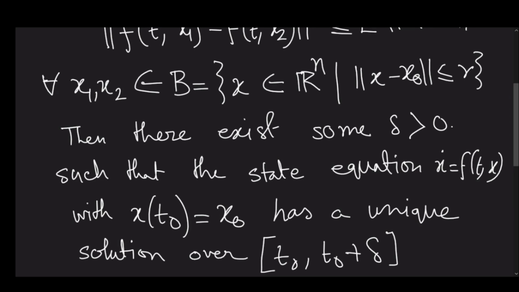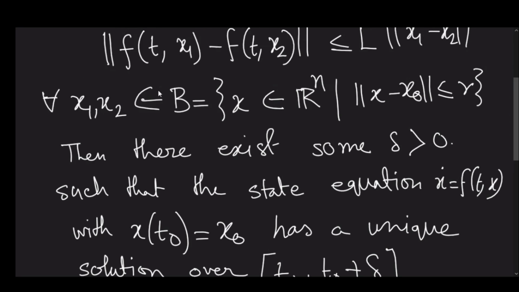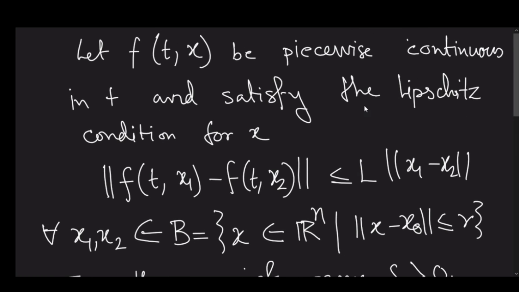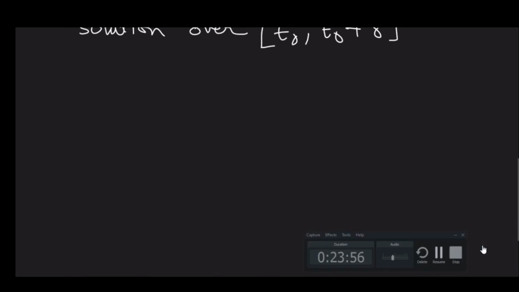So let us first understand this very carefully. Let f of t comma x be piecewise continuous in t. Now, what is a piecewise continuous function? Let me draw a diagram that will help you.